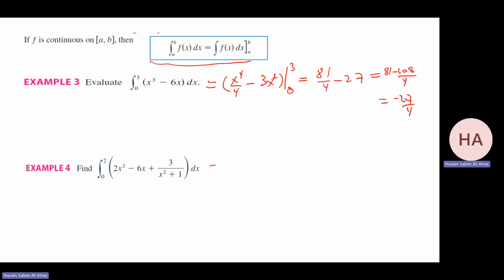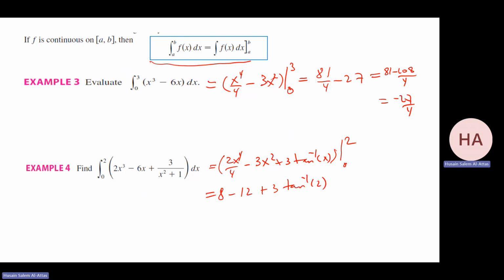This one, easy one. That will be 2x to the power 4 over 4 minus 3x squared plus 3 tan inverse of x from 0 to 2. That gives me 32 over 4, which is 8, minus 12 plus 3 tan inverse of 2.